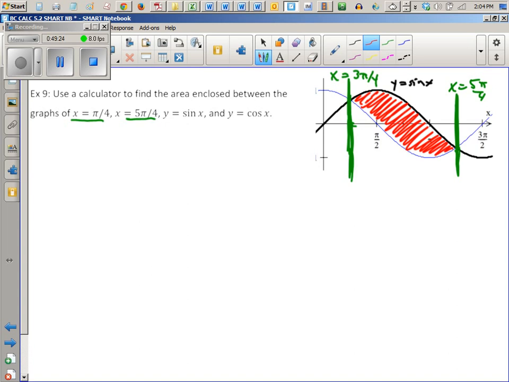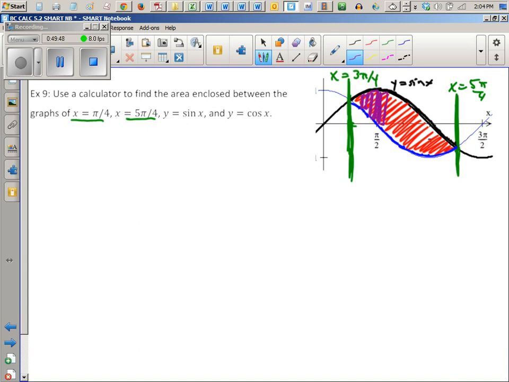See? Okay, so what I'm going to do is notice that the upper curve, the curve that's higher up in this region, is the sine wave, and the curve that's lower down in this region is this cosine wave. So to get the area between them, imagine putting your rectangles in. Your rectangles would look something like this.